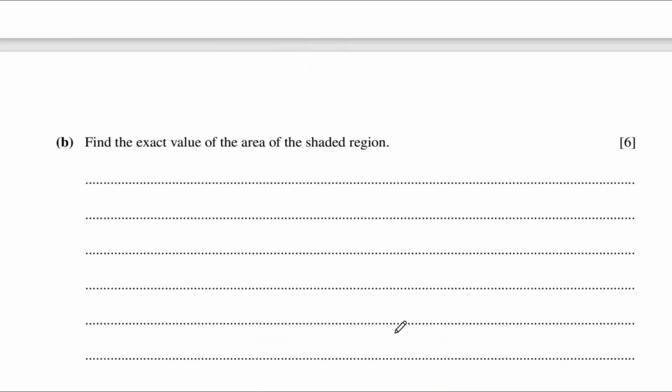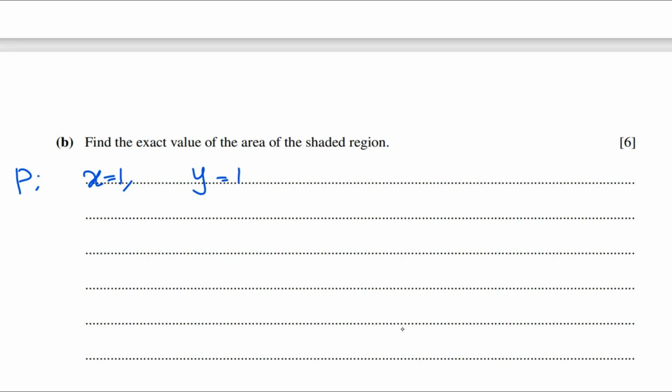Or you can find the area of the trapezium. From that, you can subtract the area under the curve. Whichever is easy for you, you follow that method. I will find here the equation of the line PQ. For that, I'll first find the coordinates of P. When x equals 1, what is y?